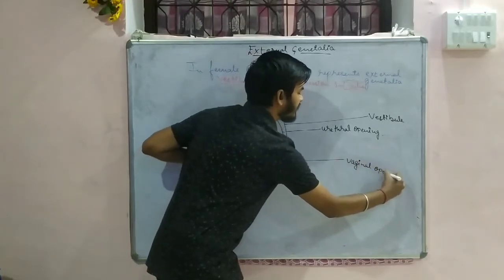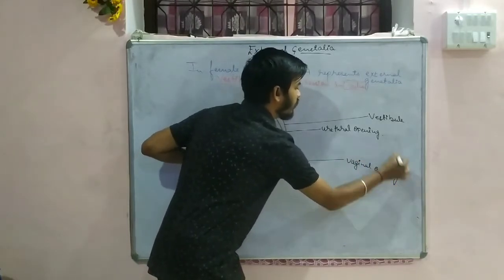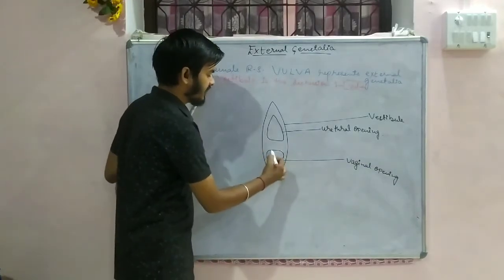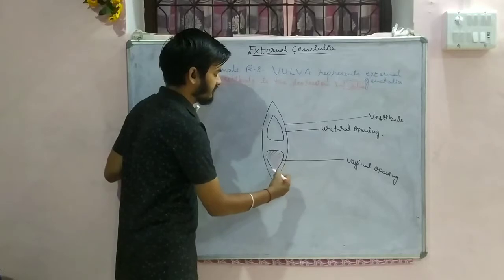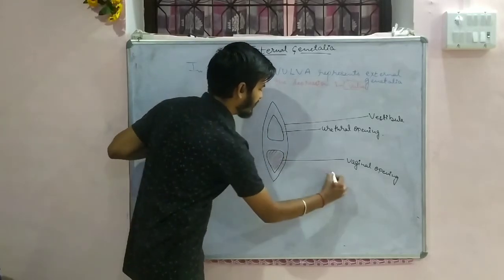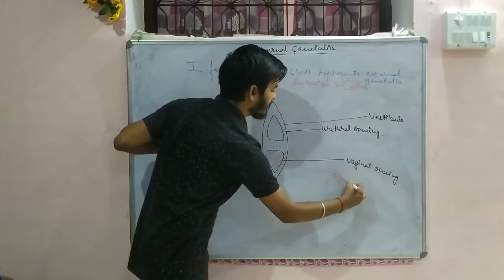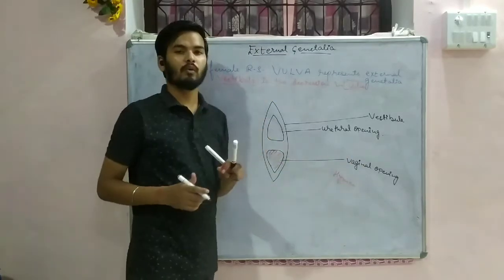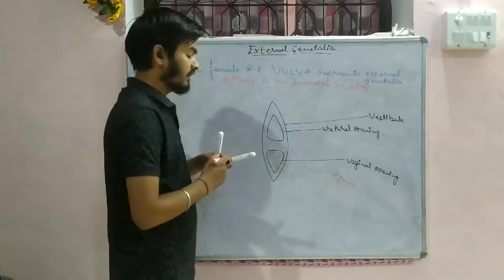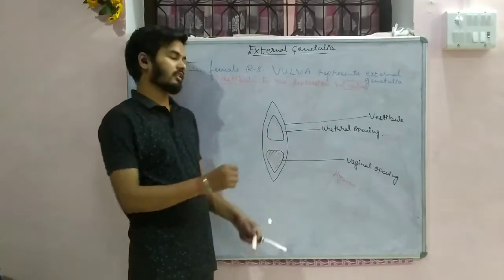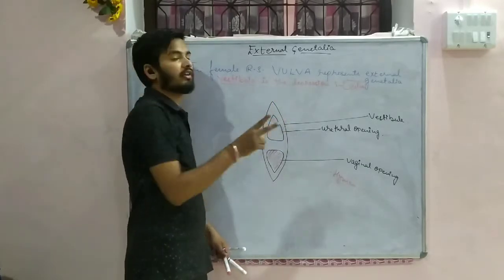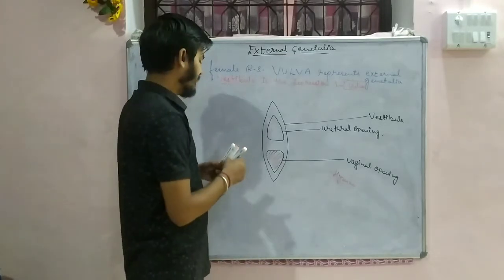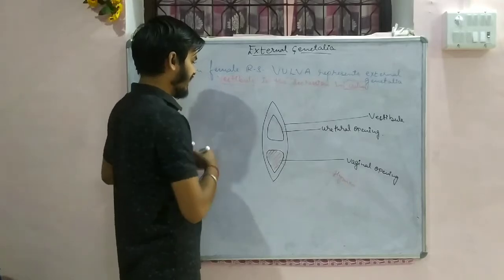Okay, the lower one is the vaginal opening, and this vaginal opening is partially covered with a layer of fibrous connective tissue. This layer is known as hymen, which partially covers the opening of the vagina. Now this vestibule is surrounded by two types of lips.